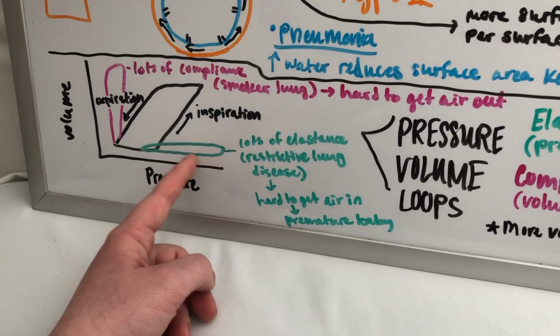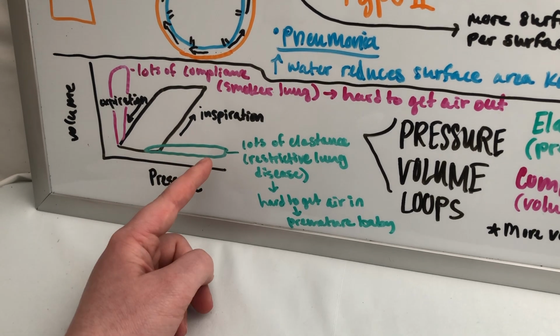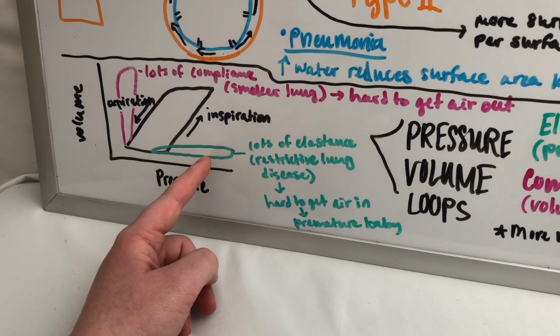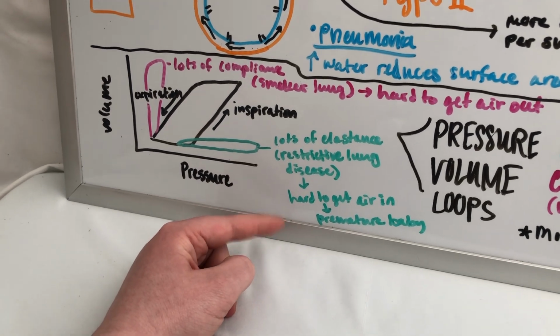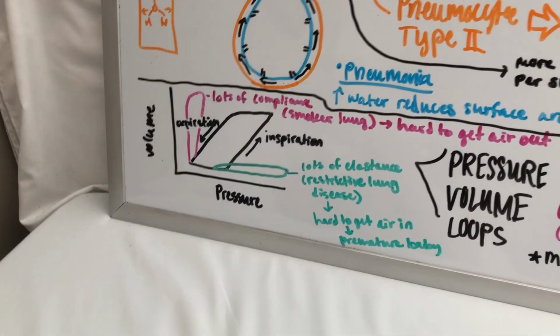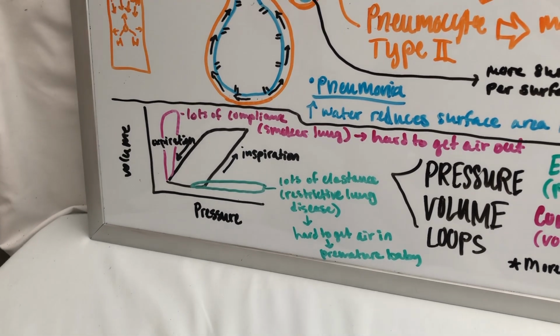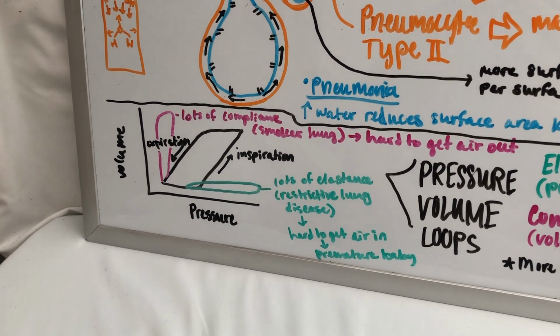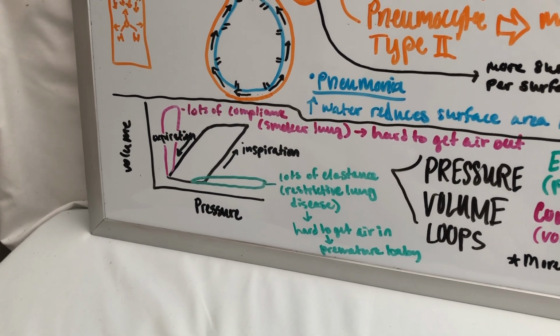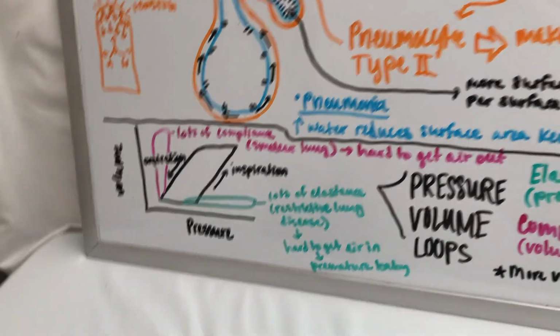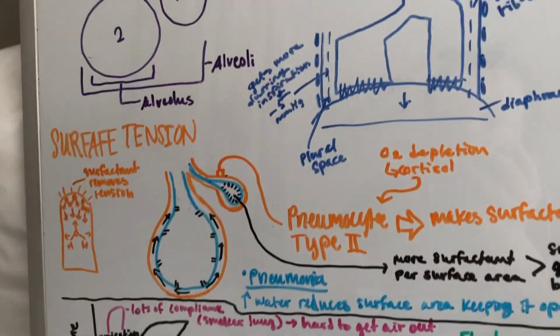The other hand is you've got lots of elastance. And this is restrictive lung disease, so it's hard to get air in. This is seen with premature babies. They don't have enough surfactant made, and so it's not very elastic, and they can't get these open like we had up here.